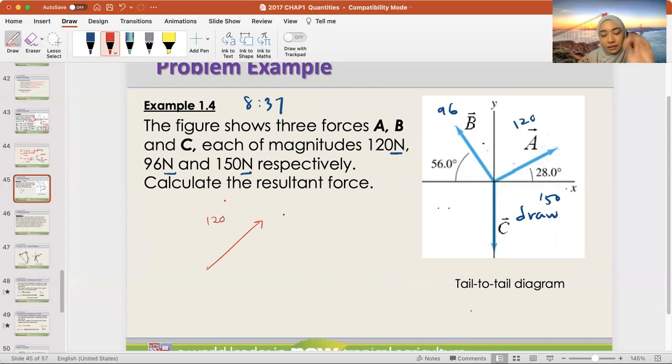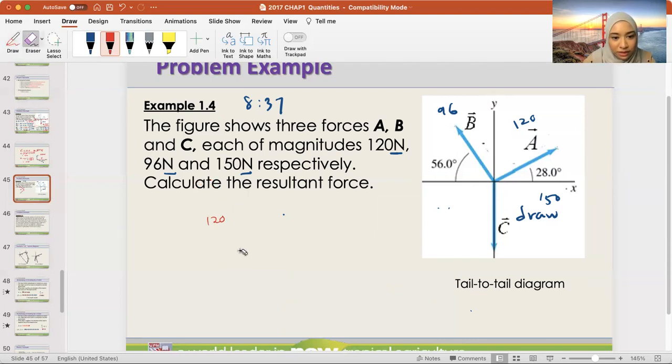But I have to do it properly to get the right answer. Okay, never mind. 96 goes here, and then it goes here. I can't use tip to tail if I don't draw it properly. I told you to use ruler and protractor, but I'm not using it. So I can't do it actually.